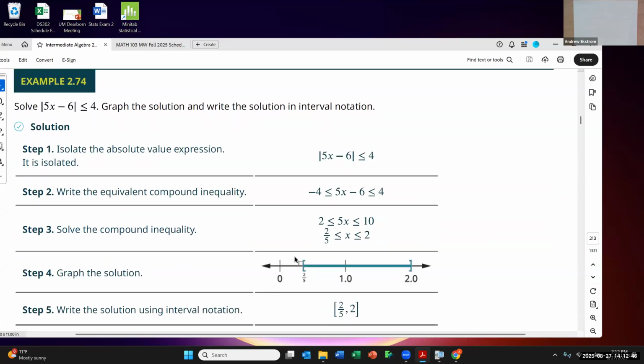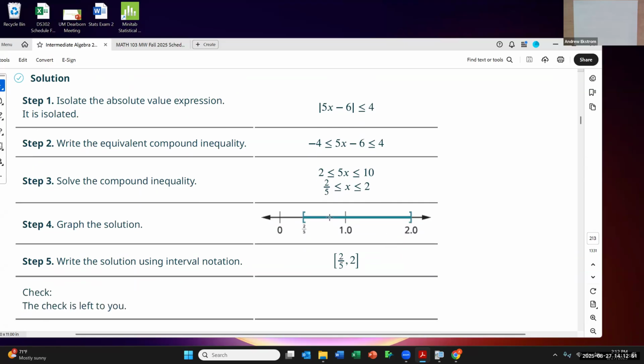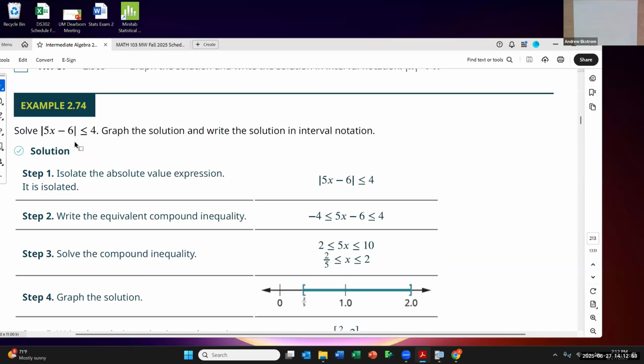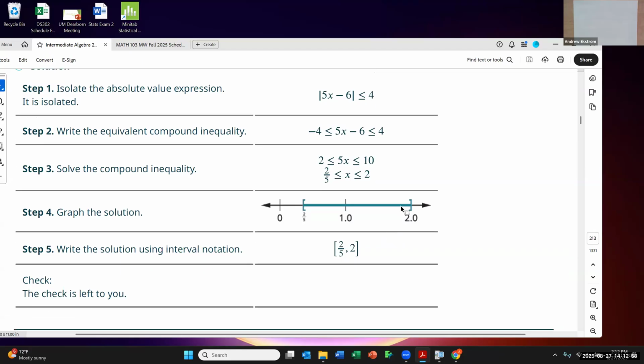And then you can come back and you can do a problem like this and try and figure out where is this whole thing less than or equal to 4. Again, because we've got the equal sign there, we've got to have the square brackets.